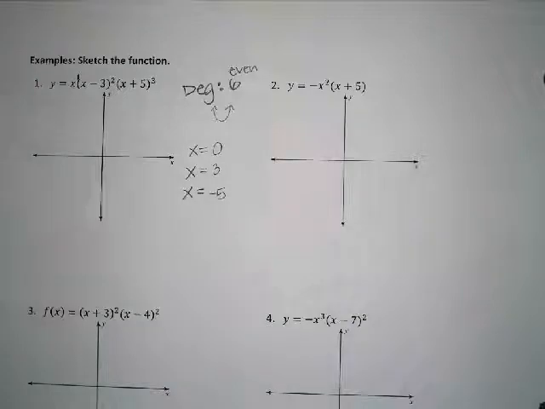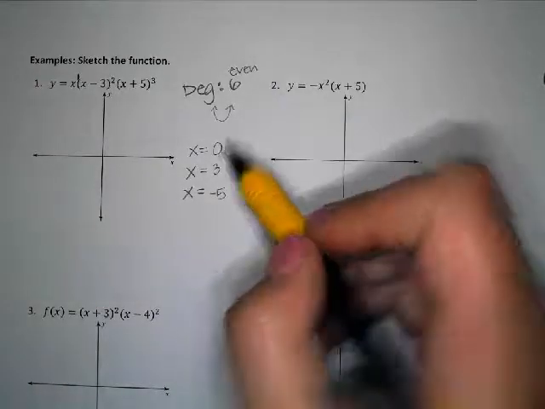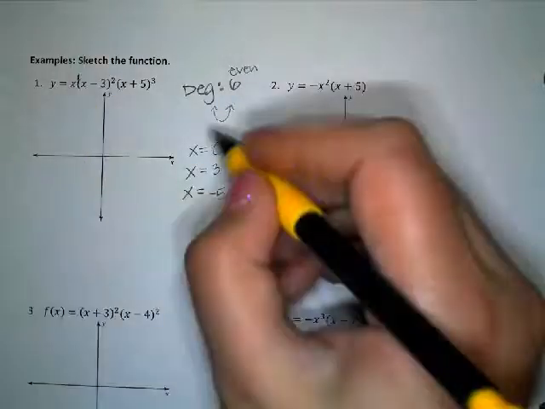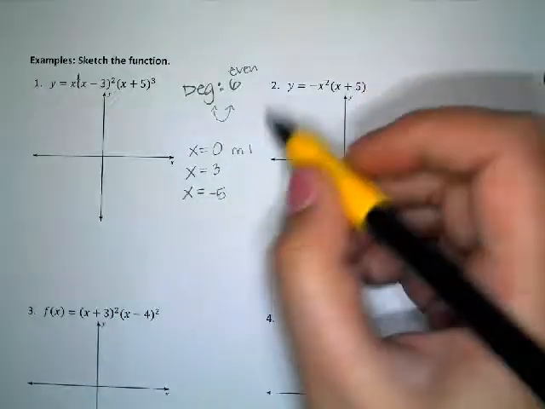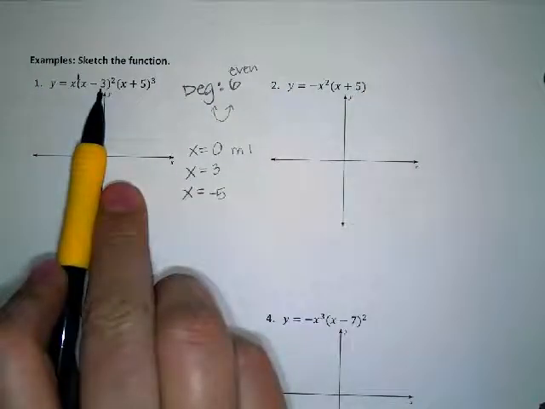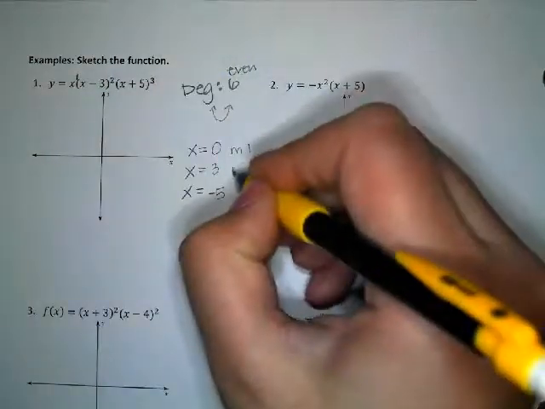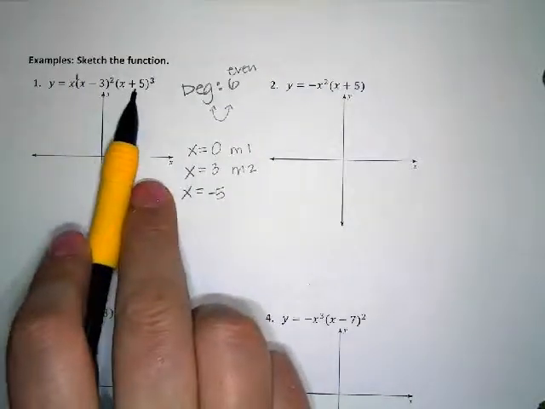I can see that the x-intercept at 0 has a multiplicity of 1. So I usually just write M1. That's me doing shorthand for multiplicity. I can see the x-intercept at 3 has a multiplicity of 2. And I can see that the x-intercept at negative 5 has a multiplicity of 3.